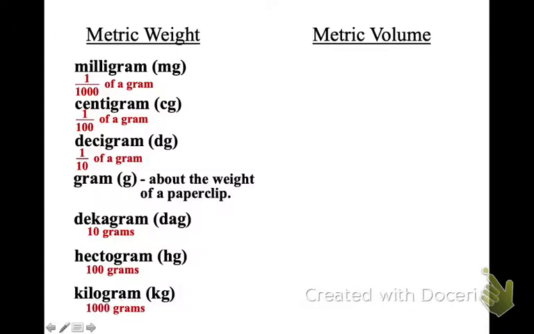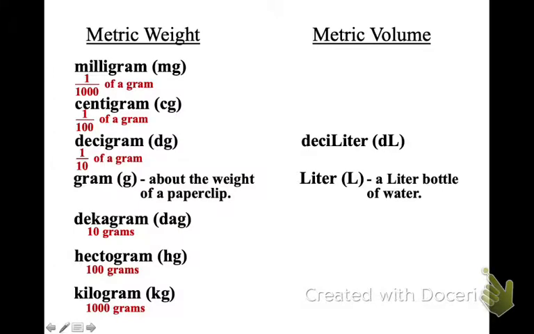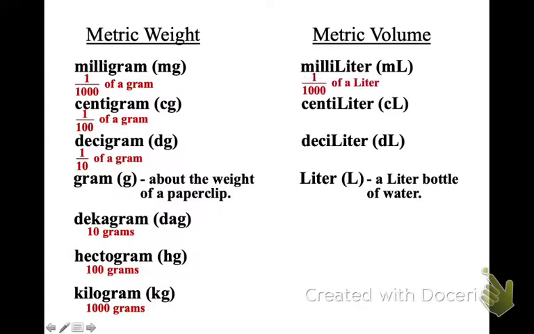So kilograms is 1,000 grams. When we're talking about volume, especially like liquid volume, think about those big soda bottles. They call them a liter. That's a liter. A deciliter is 1/10 of a liter. A centiliter is 100th of a liter. A milliliter is 1,000th of a liter, right?